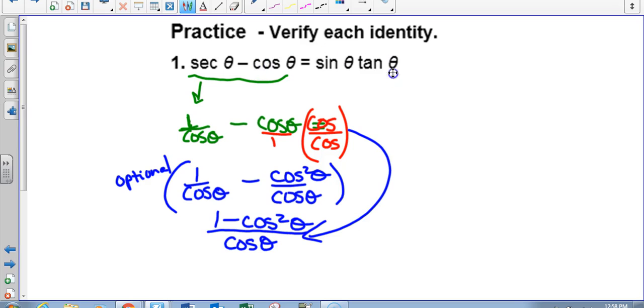Or if we're multiplying on both sides, we could randomly multiply by a cosine. But we can't work with both sides when we're doing verify, though. Okay, so we need to do a trade. 1 minus cosine squared is sine squared. So now we have sine squared over cosine.